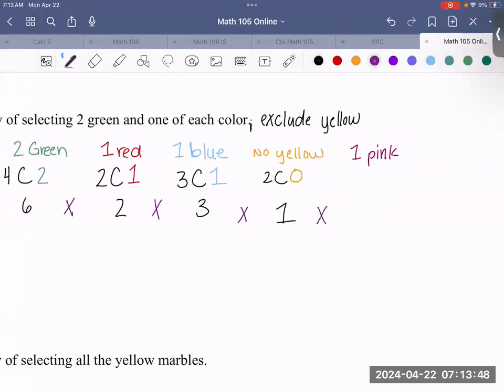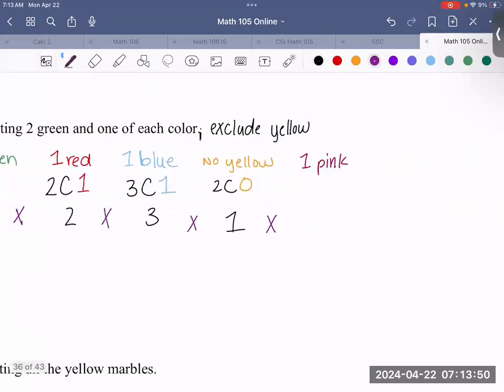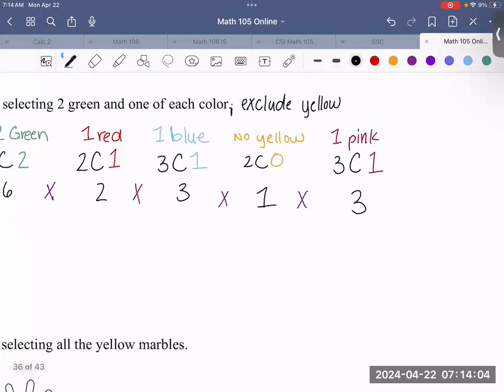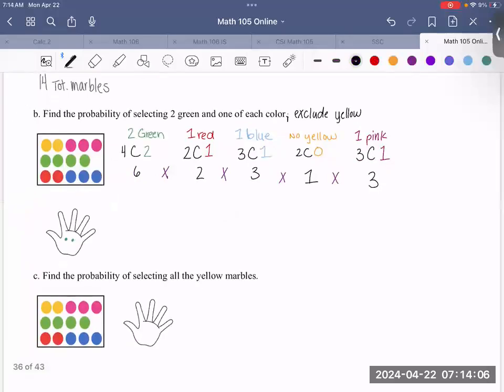And then of my 3 pink, I'm going to select all 3. I mean, no, not all 3. I'm going to select 1. Sorry, I thought I saw the 3 and I said that number. Okay. So we have 6 times 2 times 3 times 1 times 3 for 108.